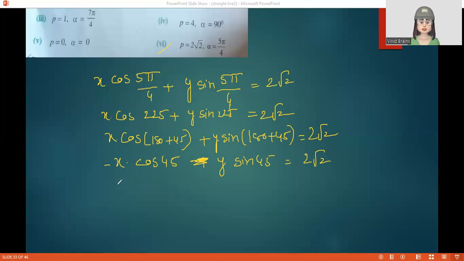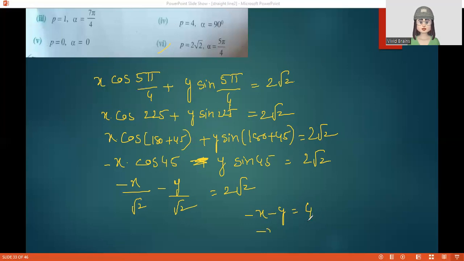Okay. What do we get? Minus x by root 2, since cos 45 is 1 by root 2, minus y by root 2, sin 45 is also 1 by root 2. Now, what do we get? Minus x minus y is equal to 2 into 2, that is 4.